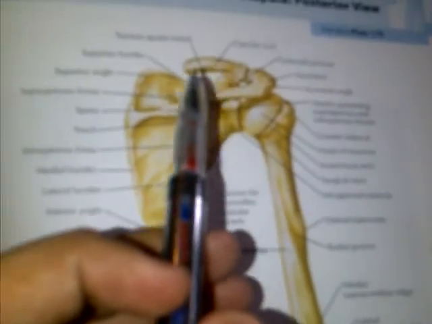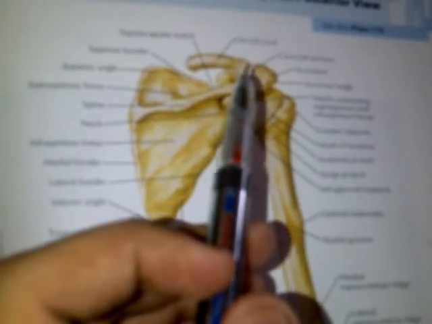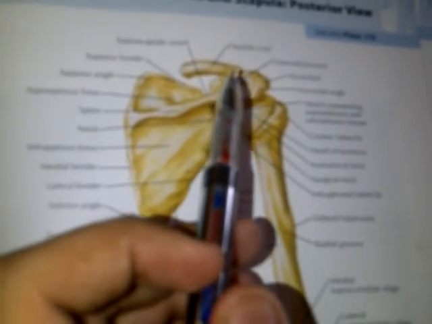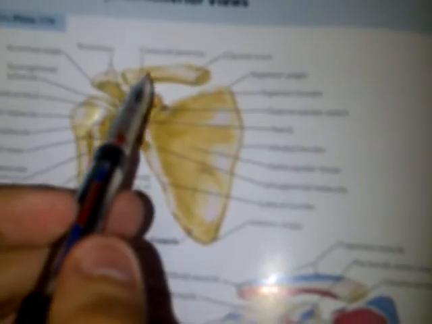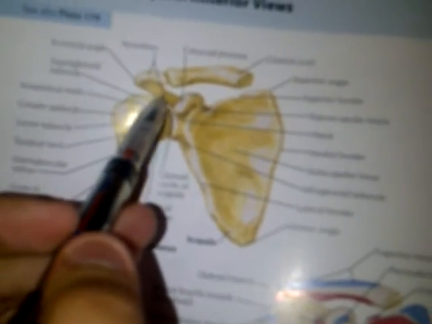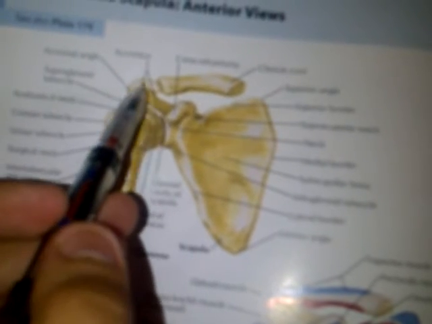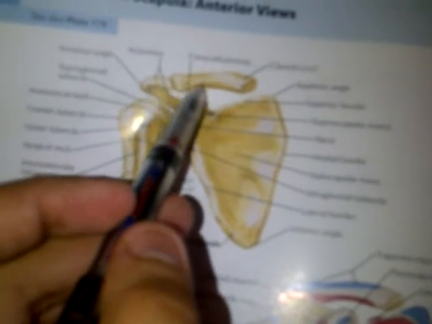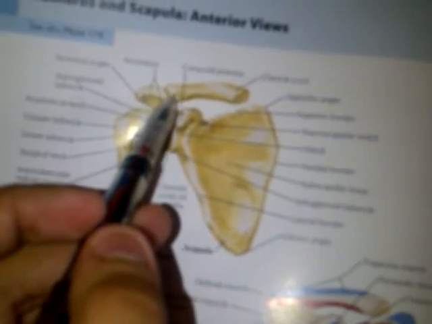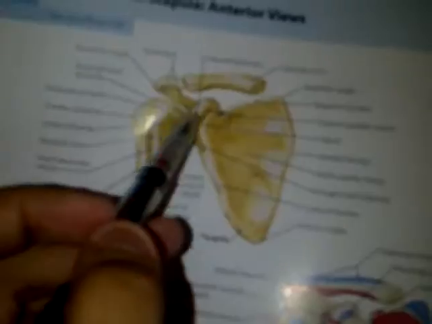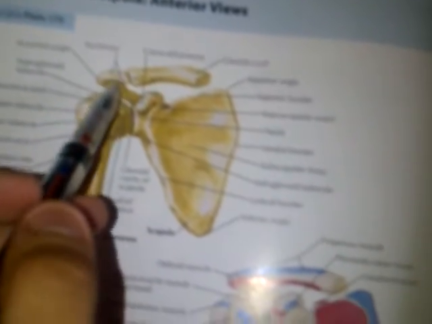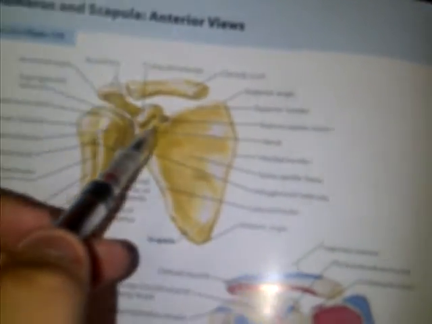This is the clavicle. This is the sternal part. This is the acromial part. Like this. Look here. Now, this bone is called the acromion bone, attached to the clavicle from this side, from the acromial end. And it continues to the posterior side of the scapula here.